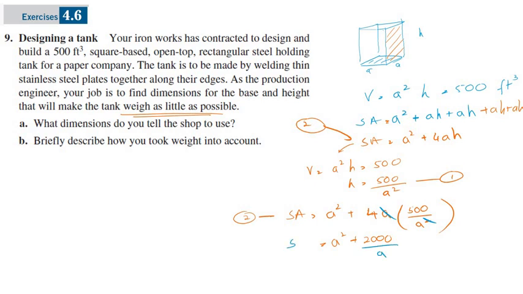So that's SA. I can rewrite this as A squared plus 2000 over A. Now we have the area with a single variable A, so we can differentiate it with respect to A, and then make that equal to 0 to get the minimum surface area.